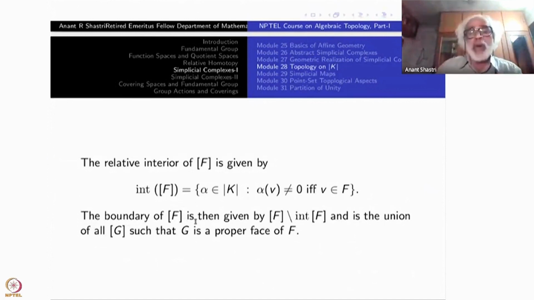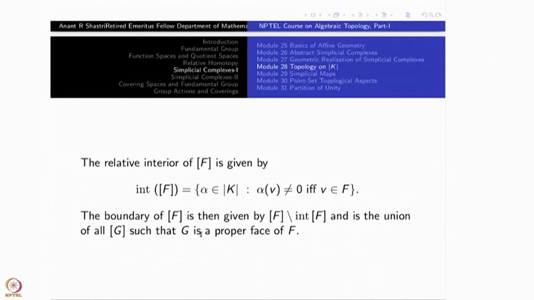The boundary of F by very definition will be a closed subset, and that will be the union of proper faces, where at least one of the vertices is 0.